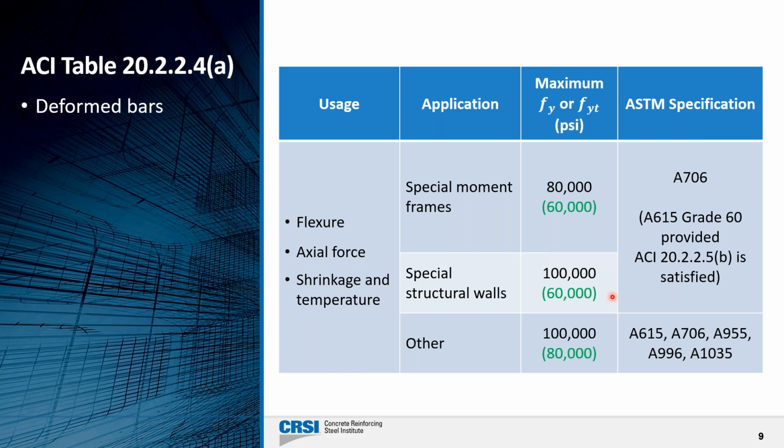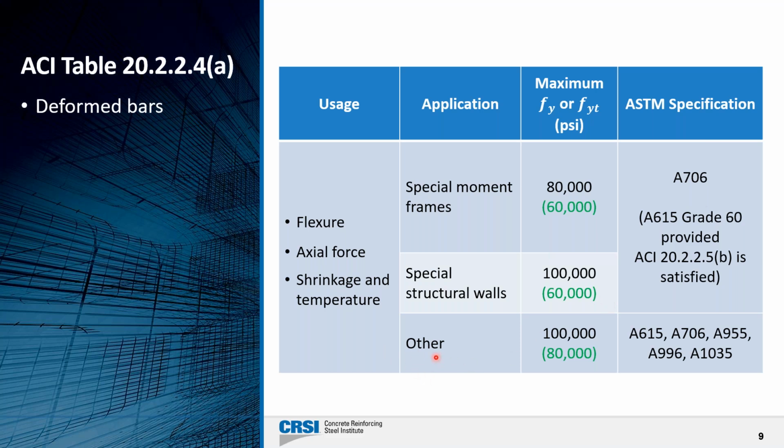And all of this research really benefited these types of structural elements, especially when it comes to constructability. Especially structural walls with coupling beams and the congestion that might occur.